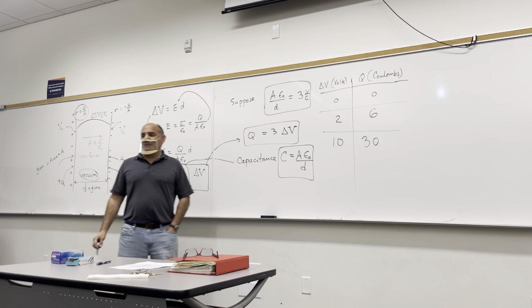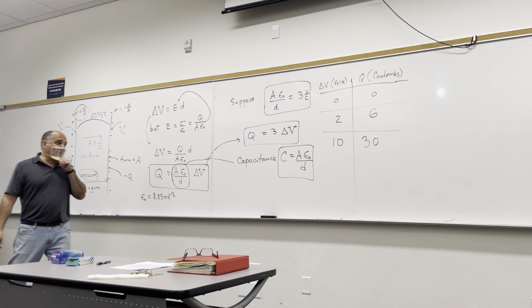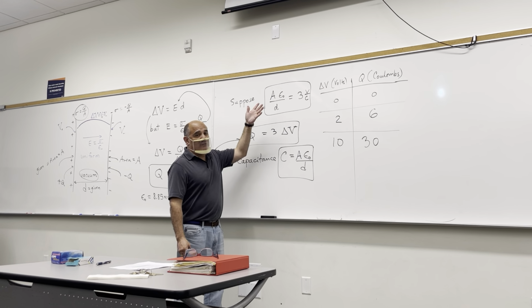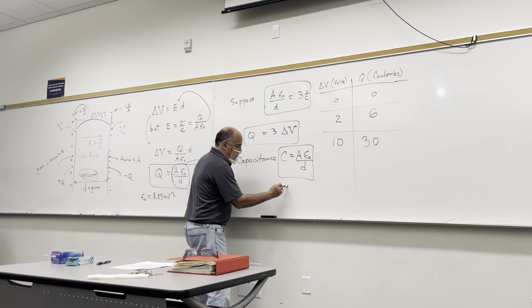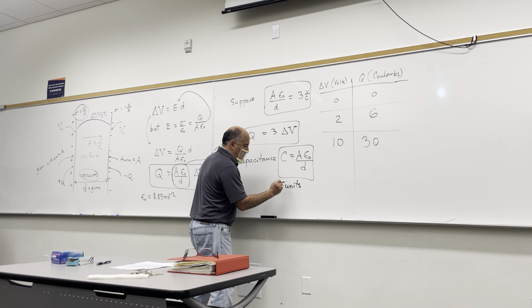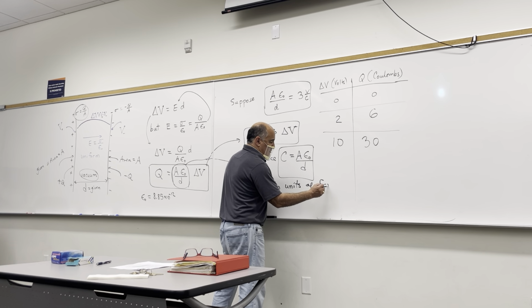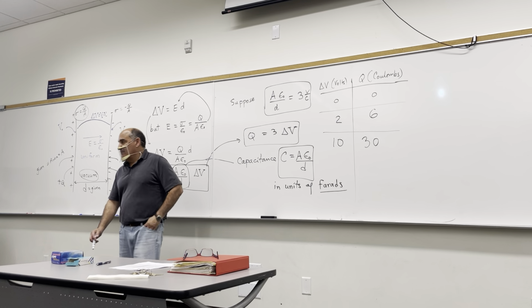That's the capacitance of this set of parallel plates. And by the way, this will be in units of volts per coulomb, but a name has been given to the units of this quantity. In units of, anyone know? Farads. After Faraday, after Michael Faraday.